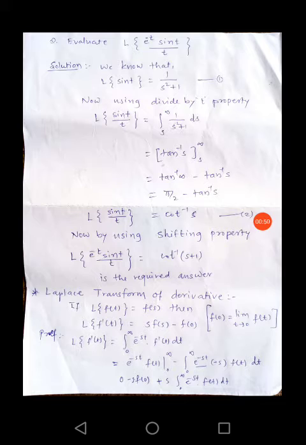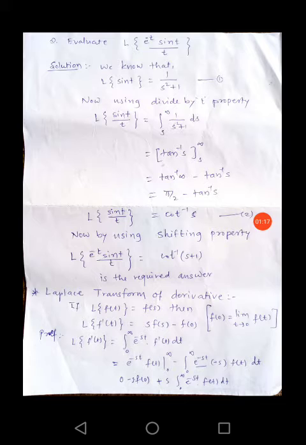According to the problem, first we should note something very easy, that is the Laplace transform of sin t. As we have seen, Laplace of sin at is equal to a divided by s square plus a square. Here a is equal to 1, therefore Laplace of sin t is equal to 1 by s square plus 1. Now using the divide by t property, Laplace of sin t divided by t equals the integral from s to infinity of 1 over s square plus 1 ds.